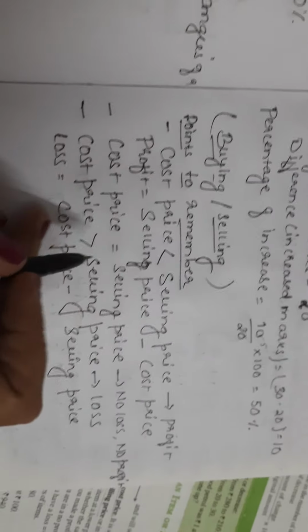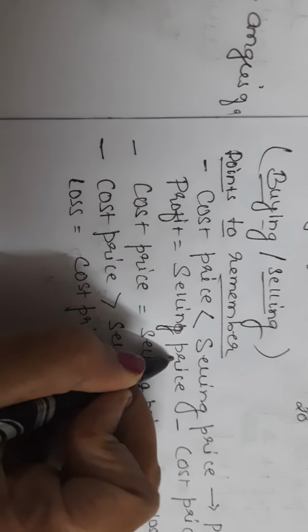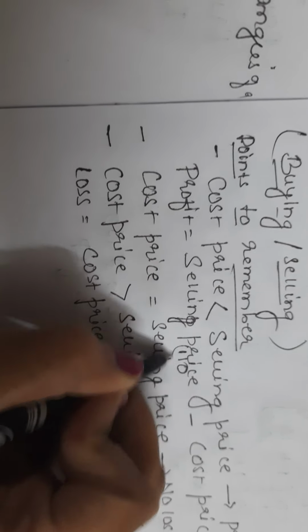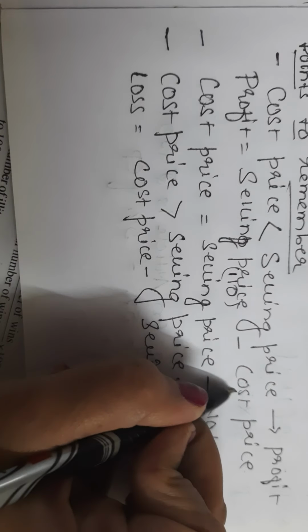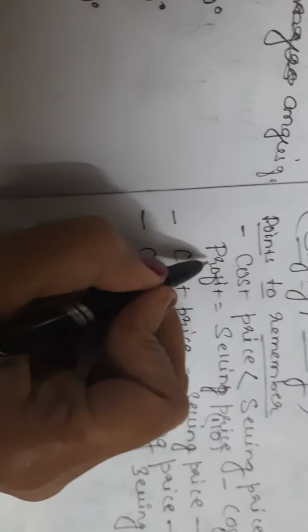Yes, let's write it here. The selling price is rupees 110 and the cost price is rupees 90. So the profit is rupees 20. 110 minus 90 becomes rupees 20, right?